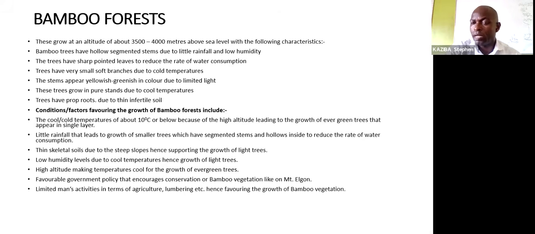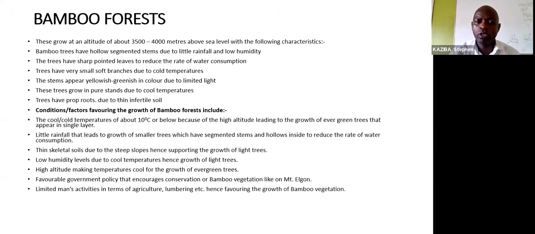That is an adaptation to limited light. Then they grow in pure stands; you see only one tree species occurring. Then the trees have prop roots, those roots which extend from the branches of the trees downwards.